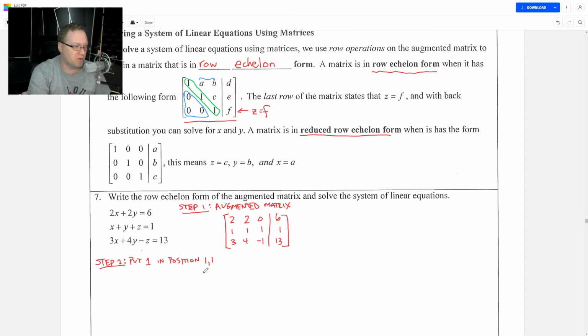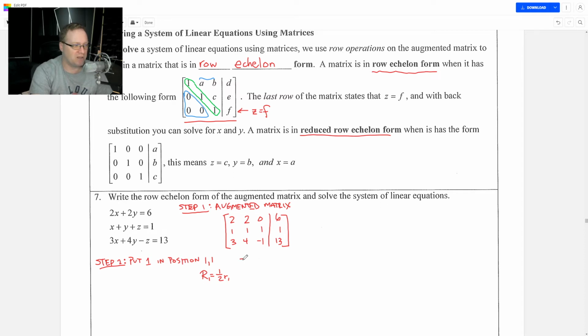It means our new row 1, which is big R1, is going to equal 1/2 of old row 1. That's how we write this in row operation notation. The new row 1 is just going to be half of the old row 1.